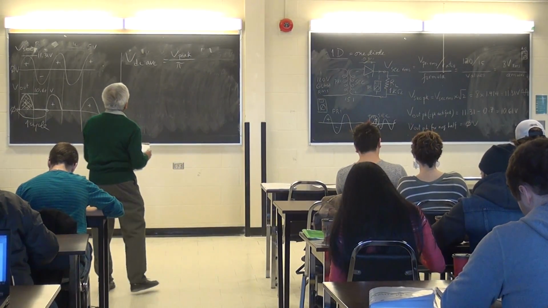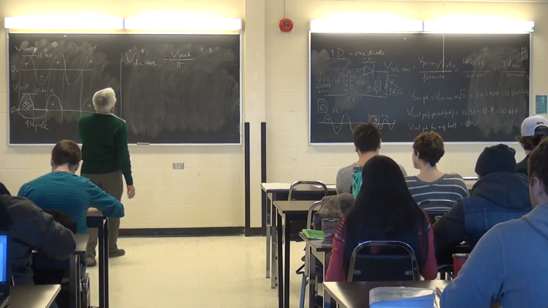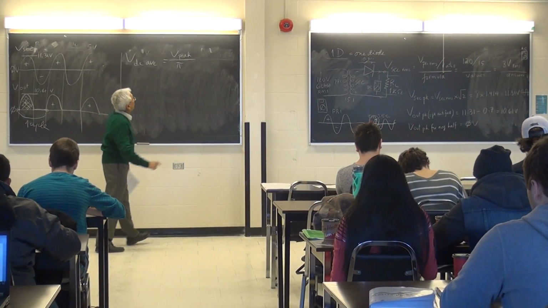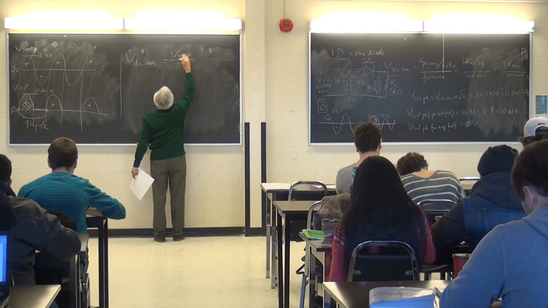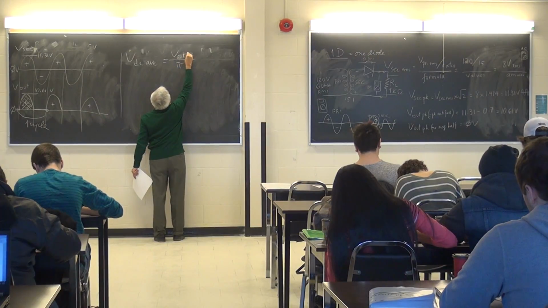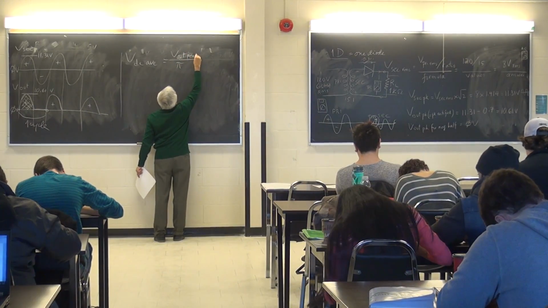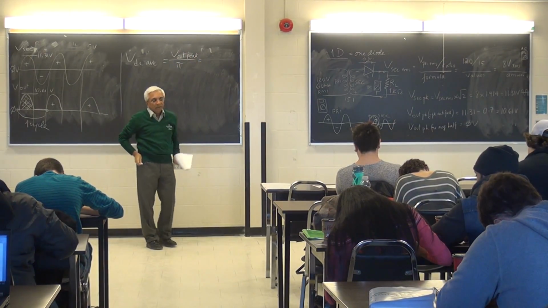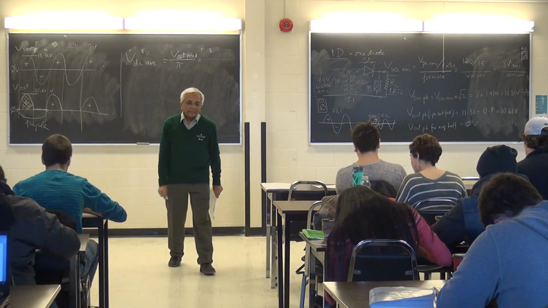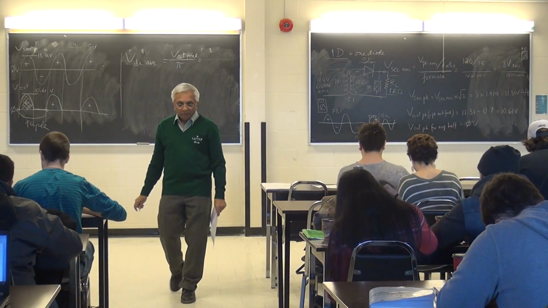For VDC average, indicate that to be V out peak over pi, because that's what I will read on a meter.